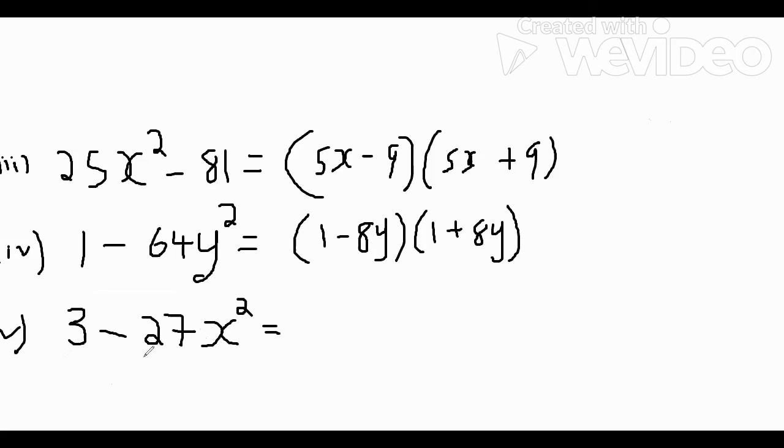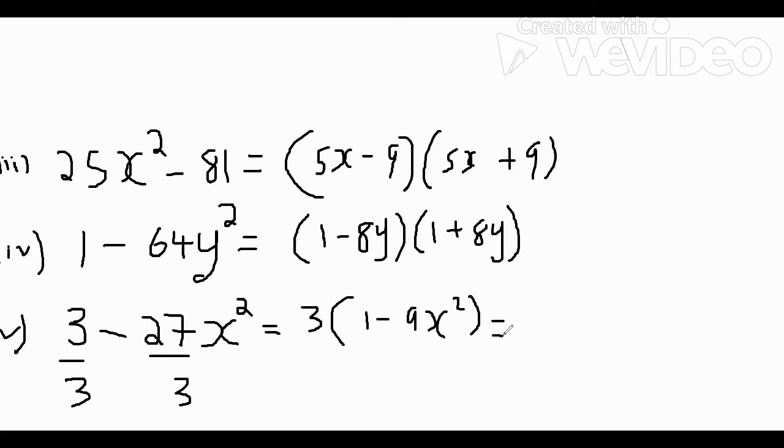What's the highest common factor of 3 and 27? 3. And then you divide everything by 3. You're going to get 1 subtract what? What's 27 divided by 3? Oh, 9. So 9x squared.